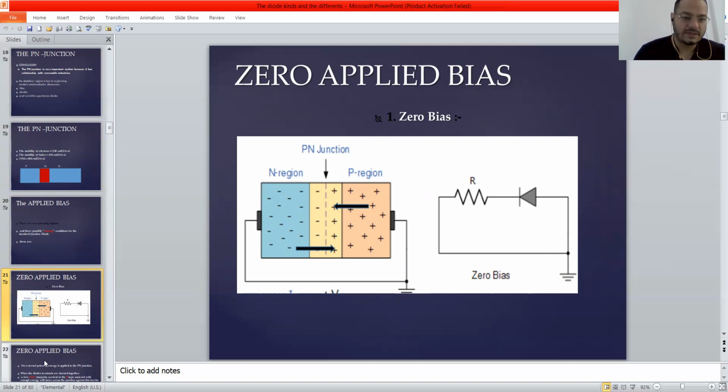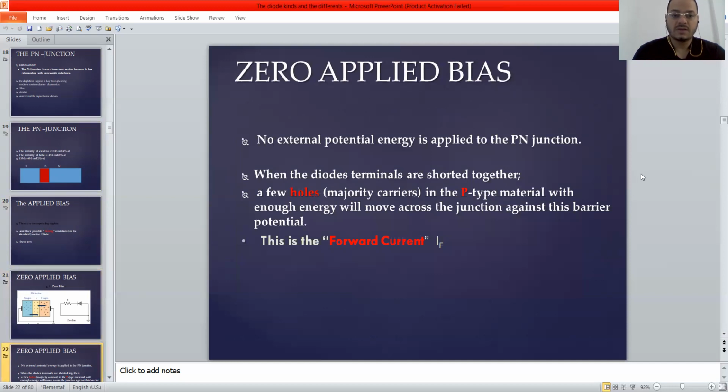Let's go deeply into this topic. No external potential energy is applied to the p-n junction when the diode terminals are shorted together. We connected the two terminals together by using the same point, and after that took this point to the earth node.